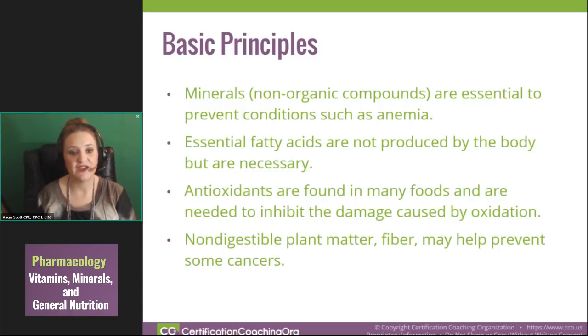Antioxidants will be found in a lot of the foods. And if you don't have a good supply of the natural antioxidants in your body, then that could damage your body. And then there's non-digestible plant matter like fiber. In society, we have fiber, oats and things like that.